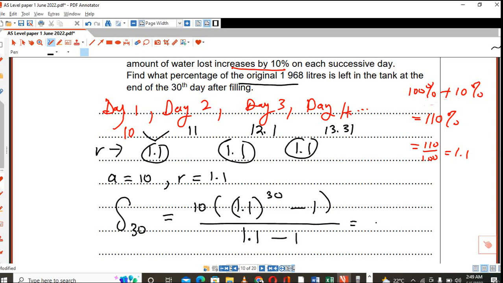Well, this is giving me 1,644.940227. Remember, you're not writing in this space in the exam.